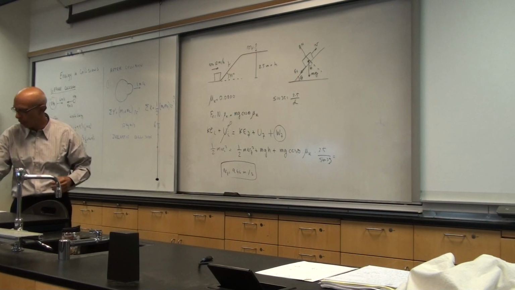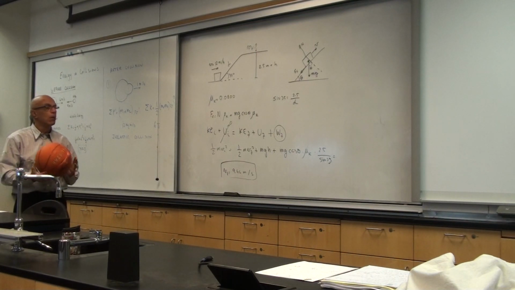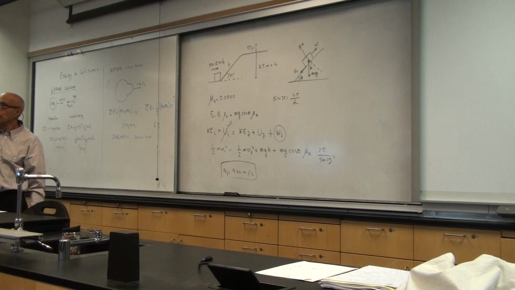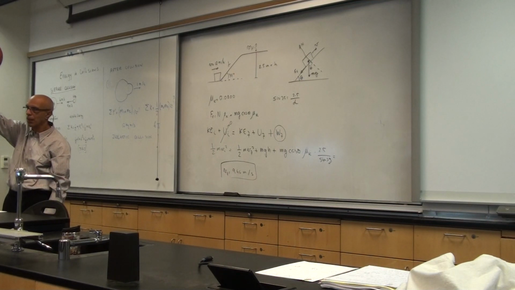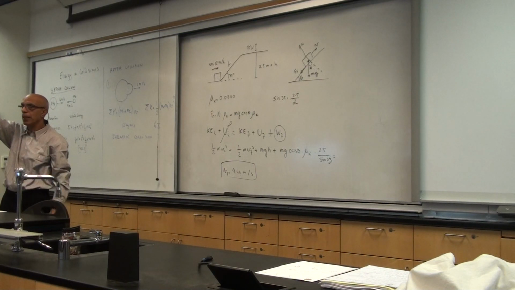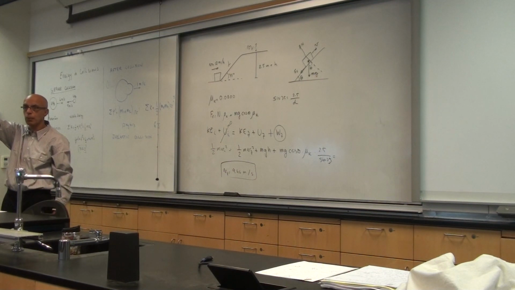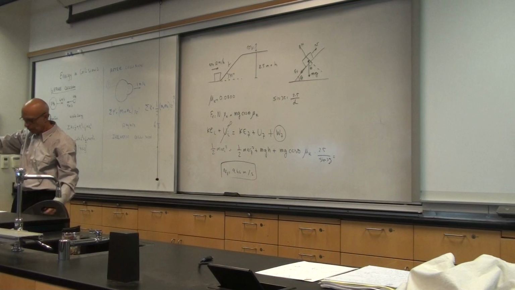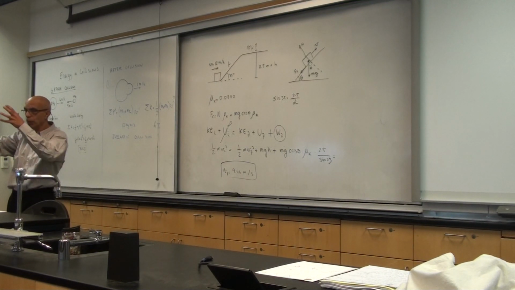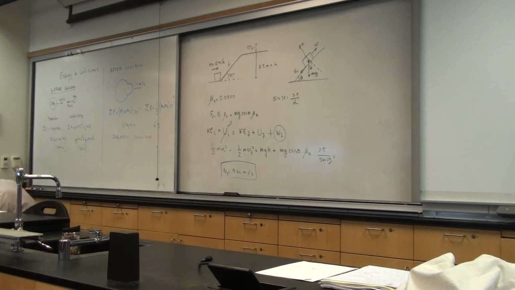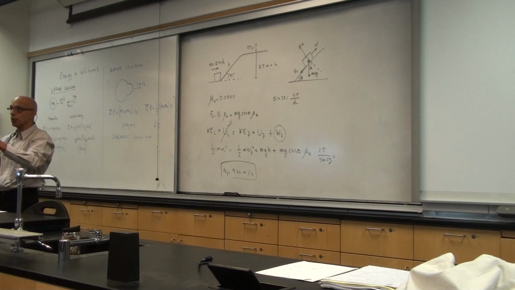Okay, let's talk about this. So I have this ball, I have this height. What is the potential energy at this point? It is mg, the mass of this ball, times this height. What is the kinetic energy right now? Zero. Everything it has is potential energy. When I let it go, it starts losing potential energy with the height, because the potential energy at this point and at this point is different.